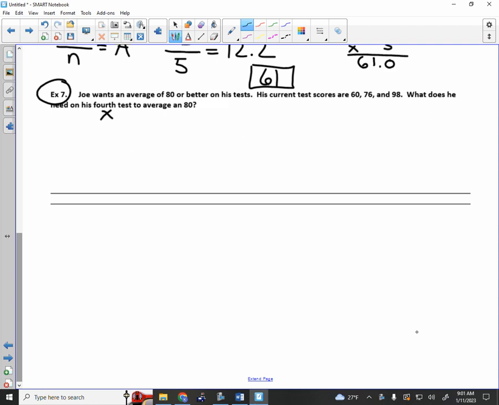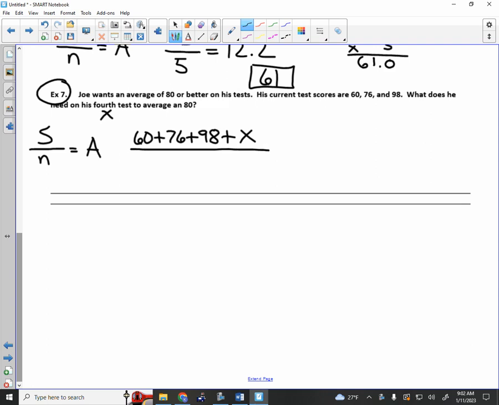So we're going to use our formula: sum over the number is equal to the average. Well, the sum is going to be 60 plus 76 plus 98 plus what? X. Yeah, that last test. We don't know what that is.